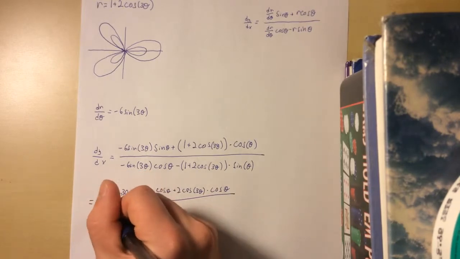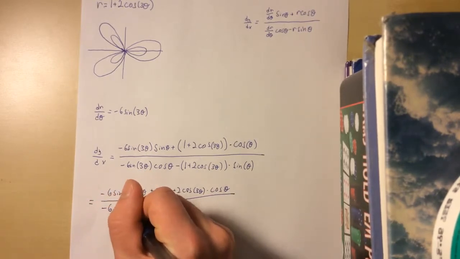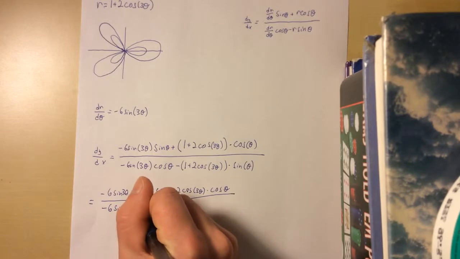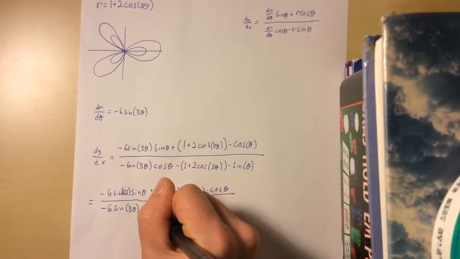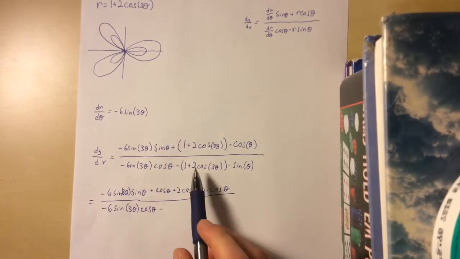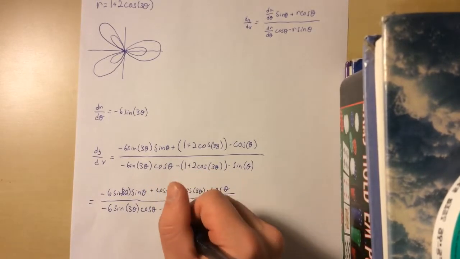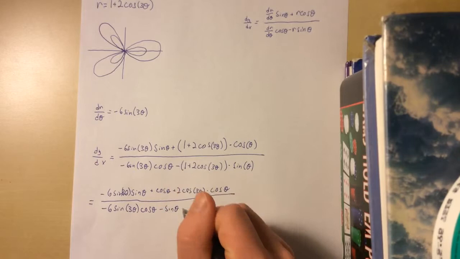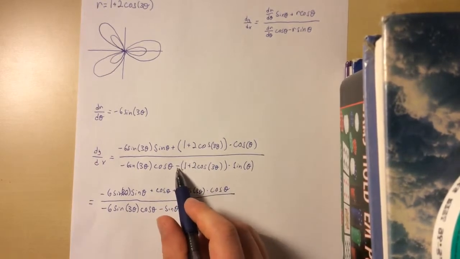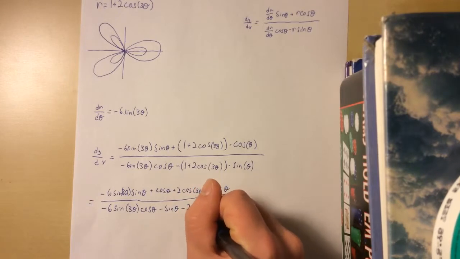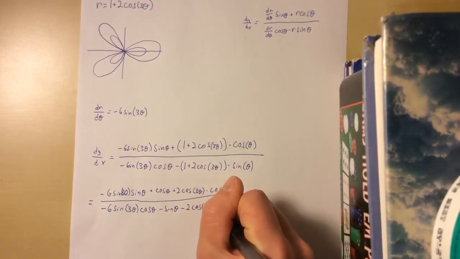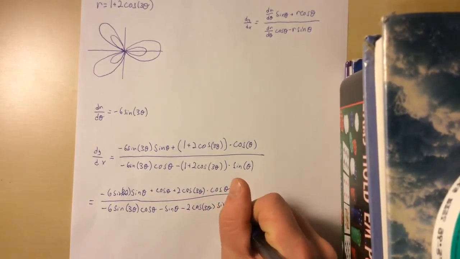Divide all that by negative 6 sine 3 theta times the cosine theta minus, well, we get a sine theta, negative sine theta, and distribute the negative sign, we get a negative 2 cosine 3 theta times sine theta.